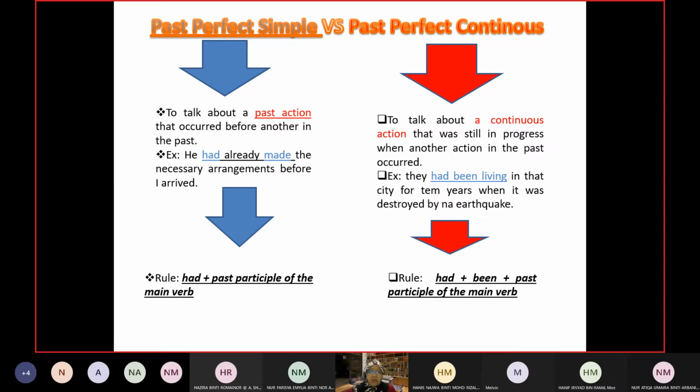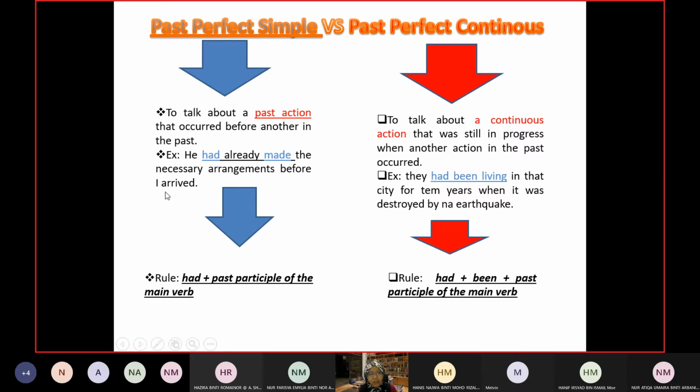N-U-O-U-S, continuous. Alright, you use past perfect simple to talk about a past action that occurred before another in the past. Example, he had already made the necessary arrangement before I arrived. Maksudnya, had already made ni, benda ni terjadi dulu. Baru arrive tu terjadi. So the first one, you use past perfect simple.